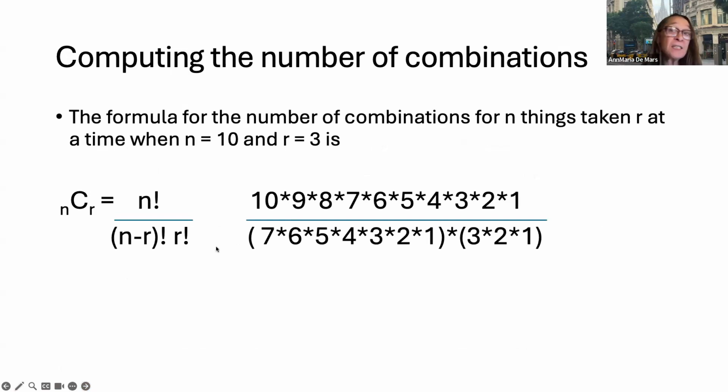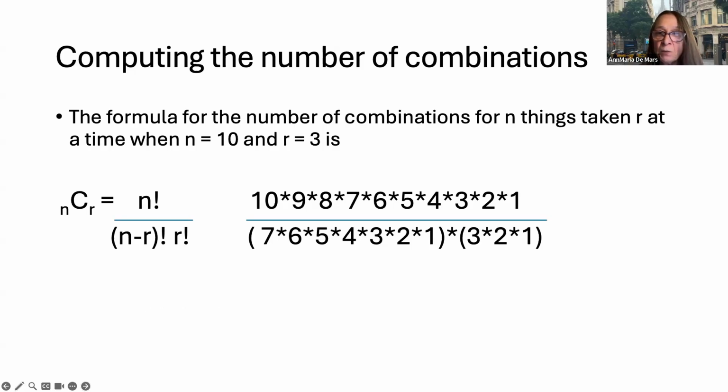And then n minus r, because we're talking about 3, is 7. So we have 7 times 6 times 5 times 4 times 3 times 2 times 1. And then we have 3 times 2 times 1. All right, so this is what our whole equation looks like to find the combination of 10 things when you take 3 at a time.